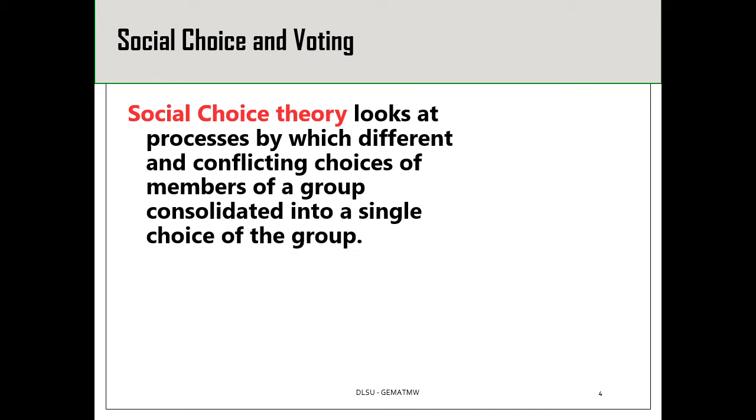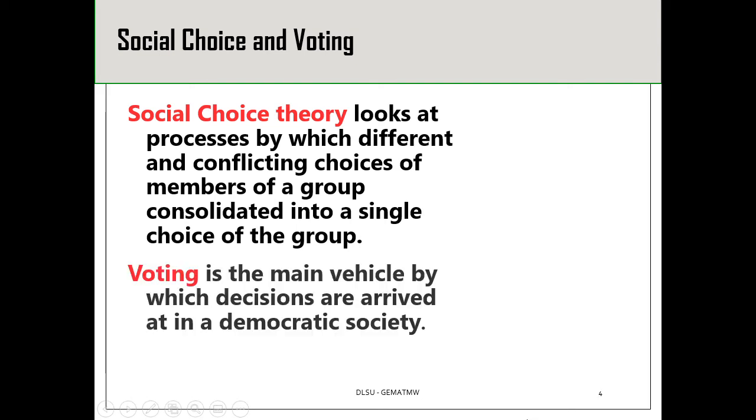For example, individual members have their own opinions and their own choices, and then you have the voting methods to consolidate these conflicting choices and come up with a single decision. Voting is the main vehicle by which decisions are arrived at in a democratic society.